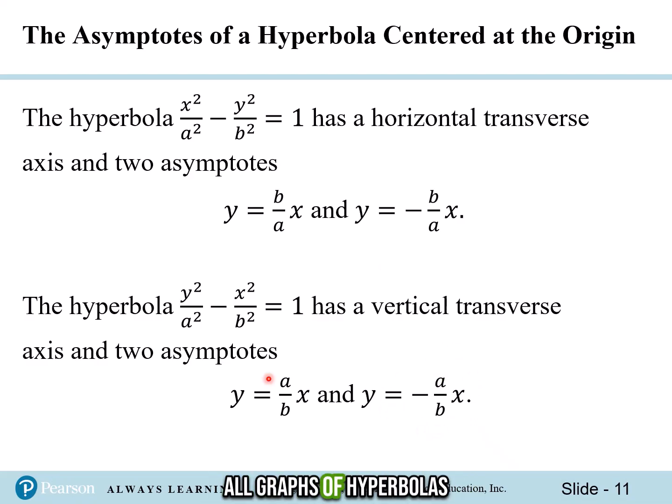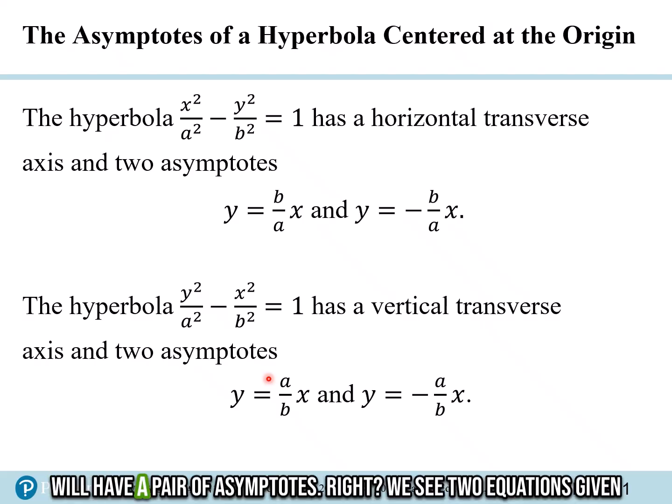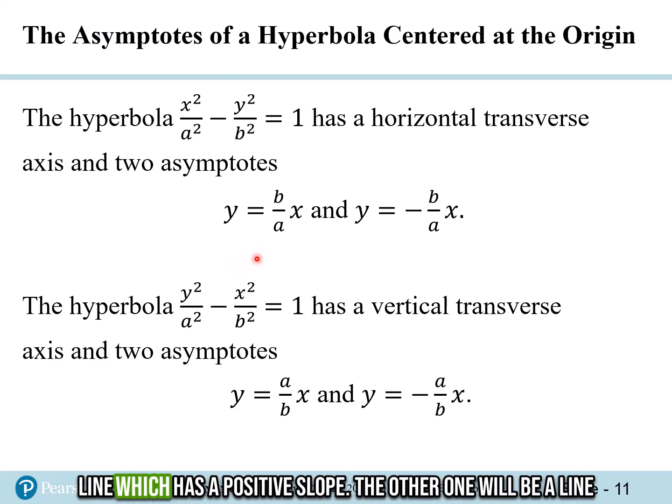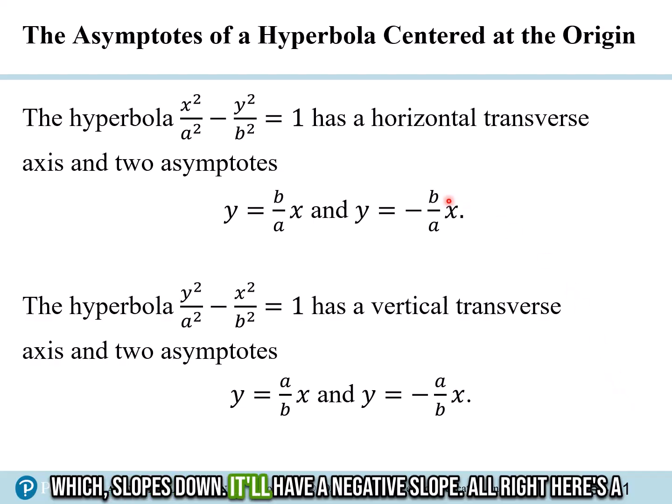Therefore, all graphs of hyperbolas will have a pair of asymptotes, right? We see two equations given to us. They will be pretty symmetrical, only that one will be a line which has a positive slope, the other one will be a line which slopes down. It'll have a negative slope, all right?